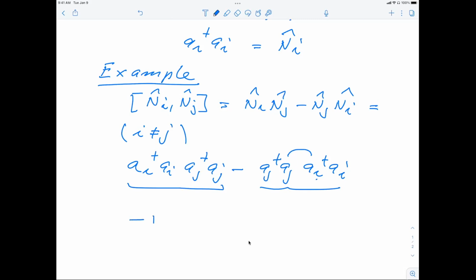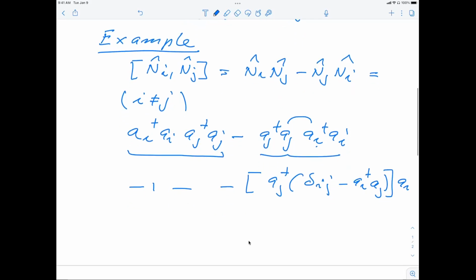So let's put a sign like this under here. Then we're going to get an a_j† and an a_j. We have a delta_ij, and they are different, so this has to be equal to 0. Then I have minus, and then an a_i†, multiplied with an a_j, and then I have an a_i here.